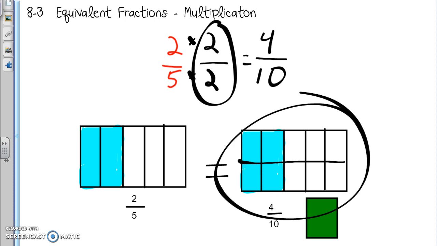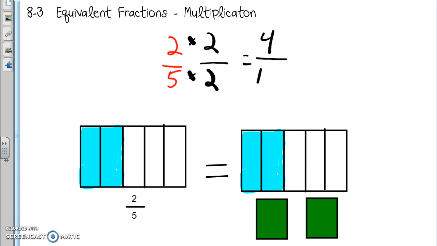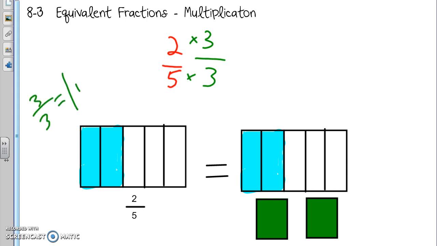Now, we can do it a different way because there are an infinite number of equivalent fractions here. We'll still have our 2/5, but now let's multiply the numerator by 3 and the denominator by 3. 3/3, by the way, equals 1 whole.